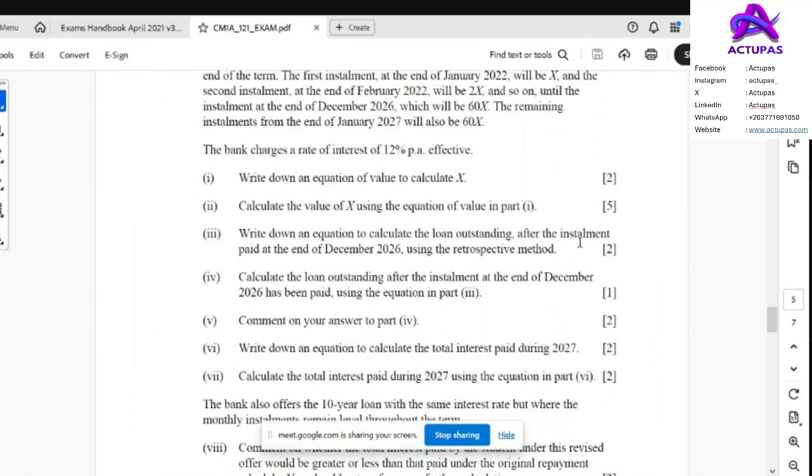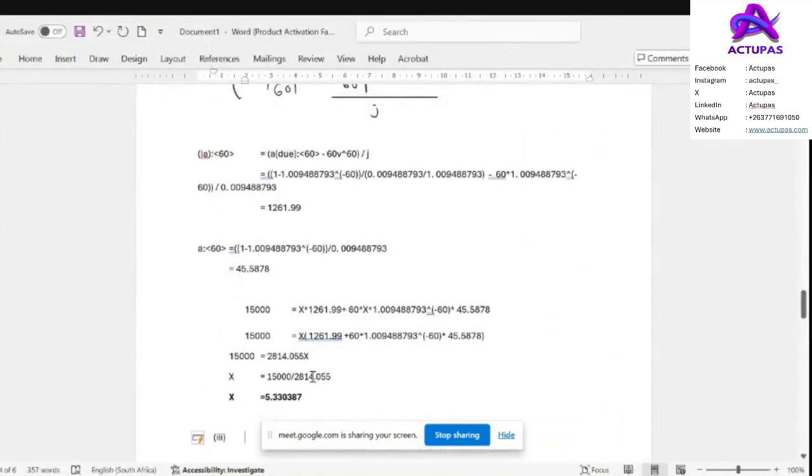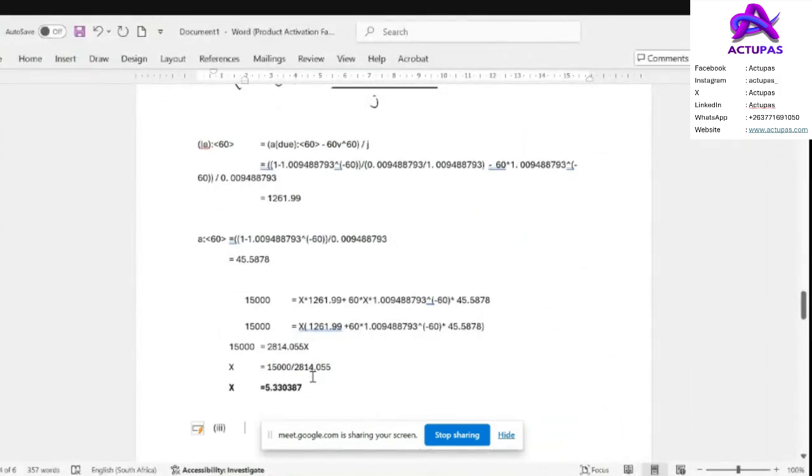So the retrospective method will be accumulating the past payments. So this would be the retrospective method. We'll be looking at what was done in the past.